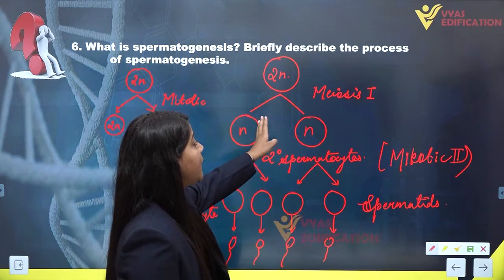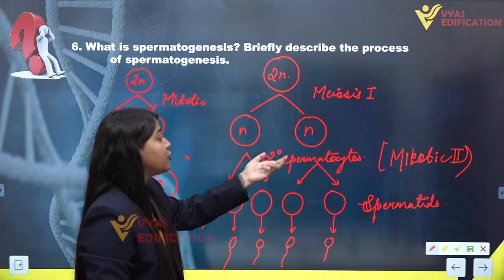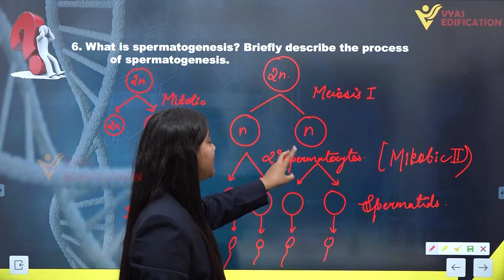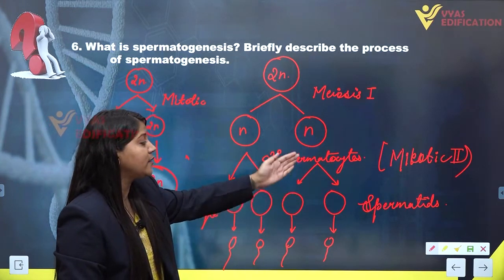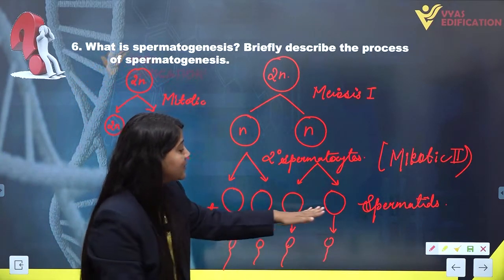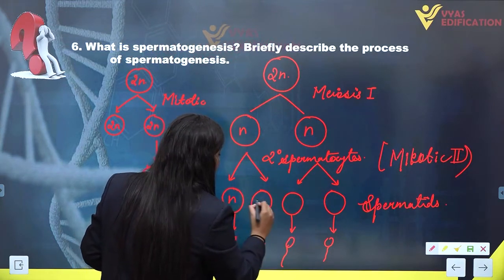So the primary spermatocyte undergoing the first meiotic division results in two haploid cells, and these two haploid cells are known as secondary spermatocytes. These secondary spermatocytes undergo the second meiotic division. So all these cells known as spermatids are also haploid.